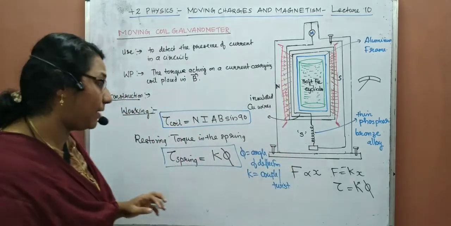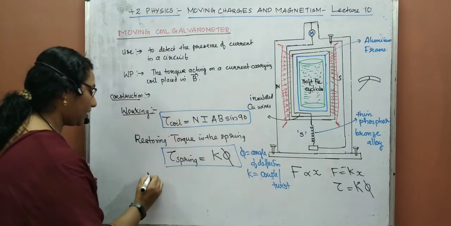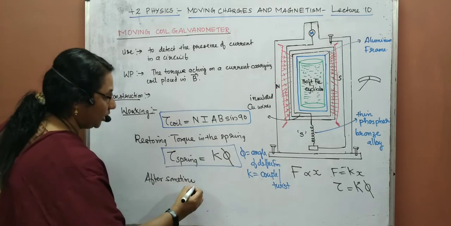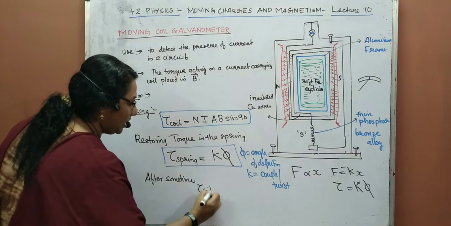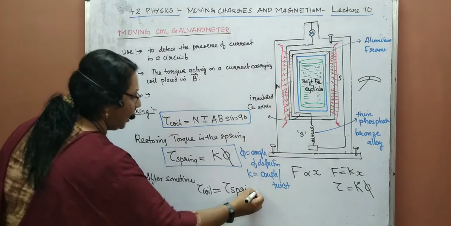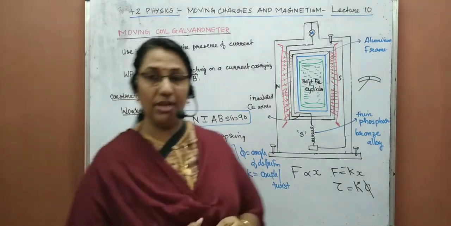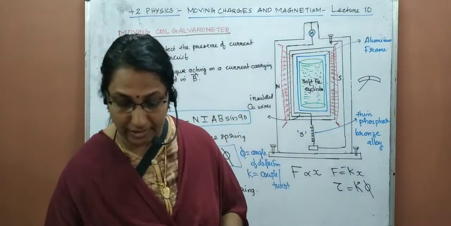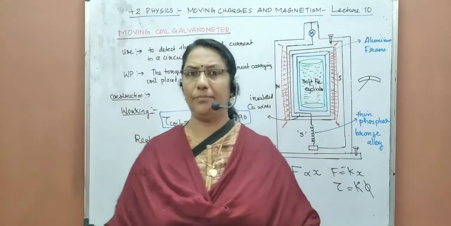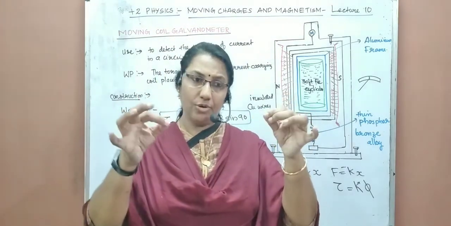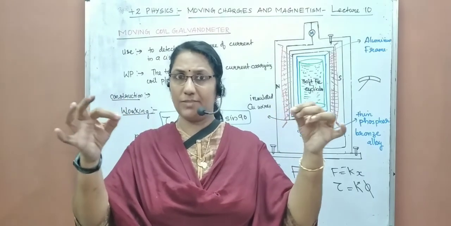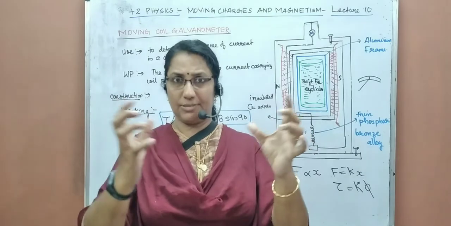After some time, what happens? We can see the torque on the coil is balanced by the torque on the spring. Don't you understand? Just like take a rubber band or take a spring. Stretch the spring by applying external force. As you stretch the spring, restoring force develops in the spring.